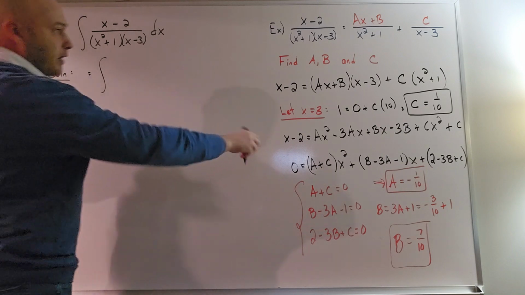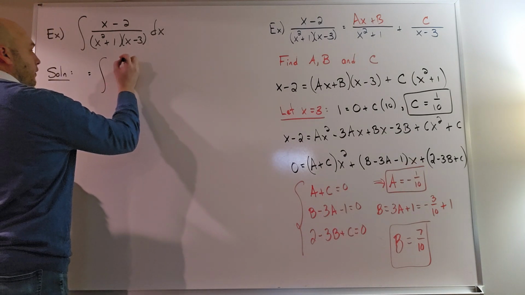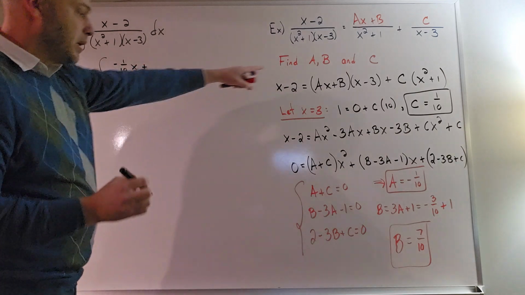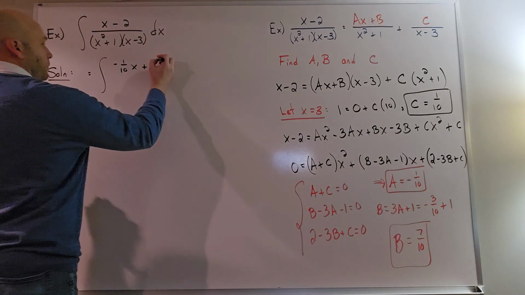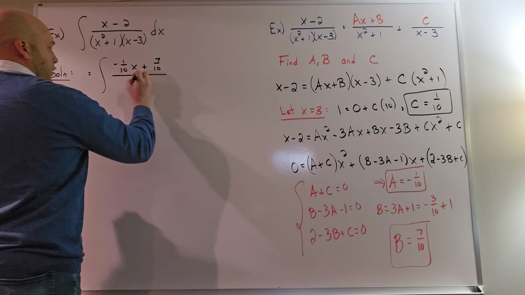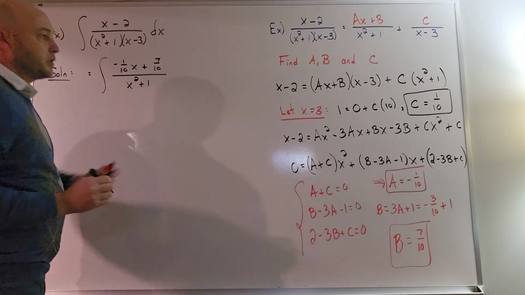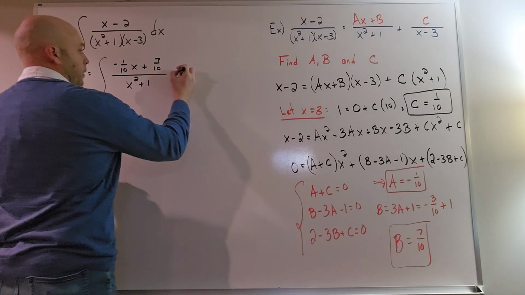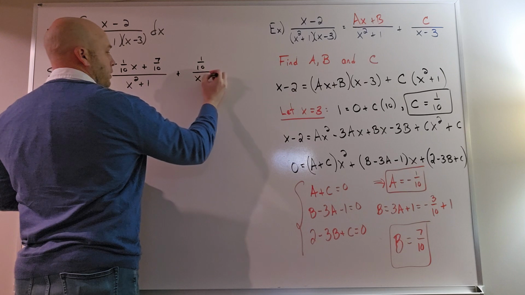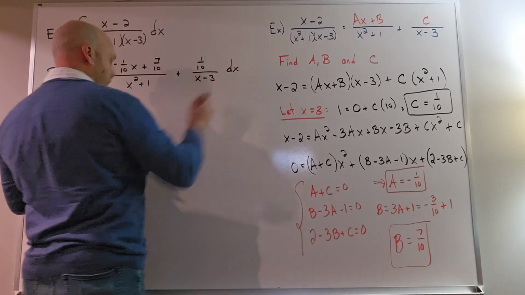A, we found, was negative 1/10. So I have (negative 1/10 x plus b, which was 7/10) over x squared plus 1. C was 1/10, giving me plus 1/10 over x minus 3 dx.